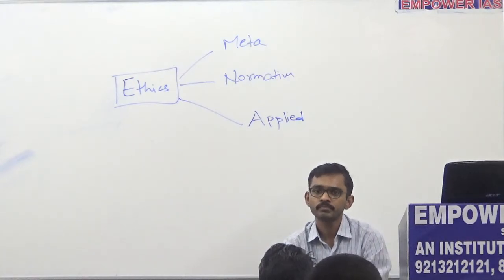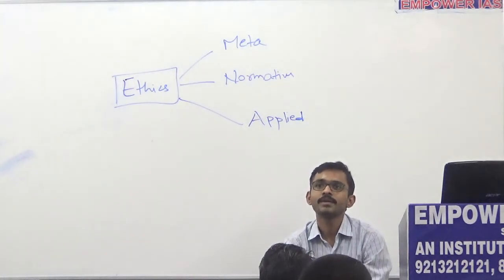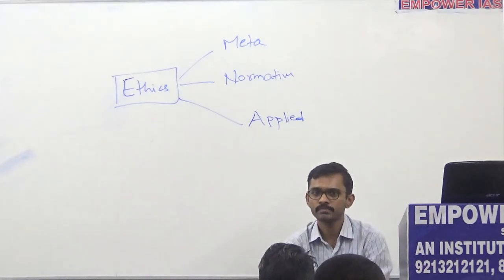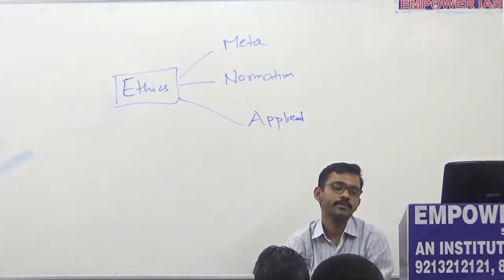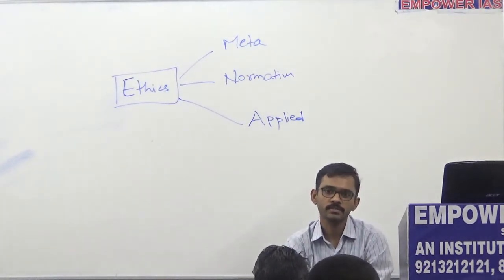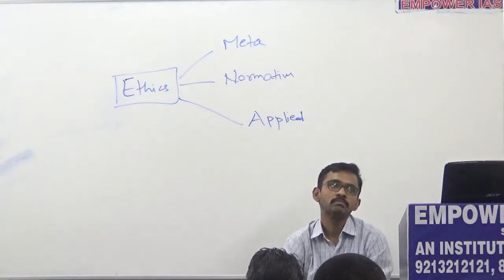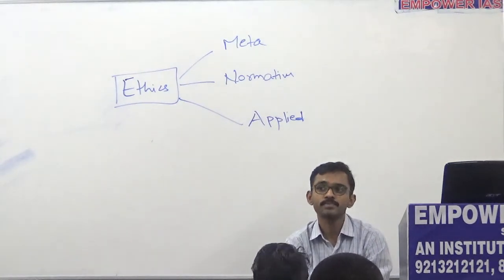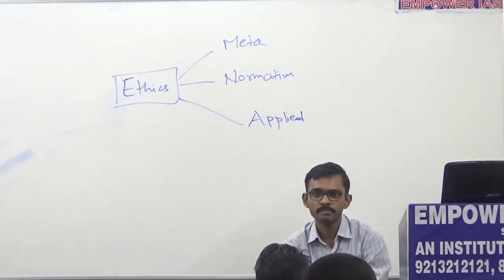Separate nation. Yeah, that is an extreme form of regionalism. That is secessionism, where you develop secessionist tendencies. You want to break away from the nation. Interstate river water disputes is another form of regionalism.